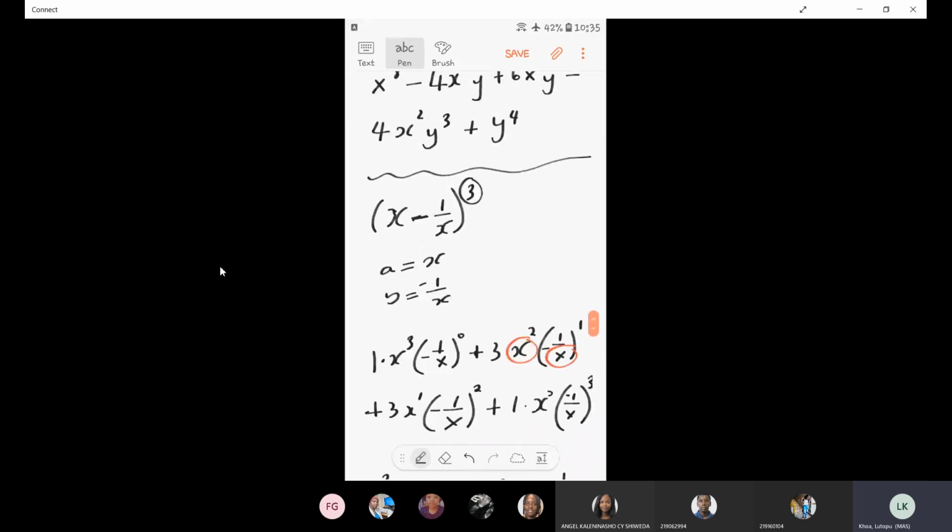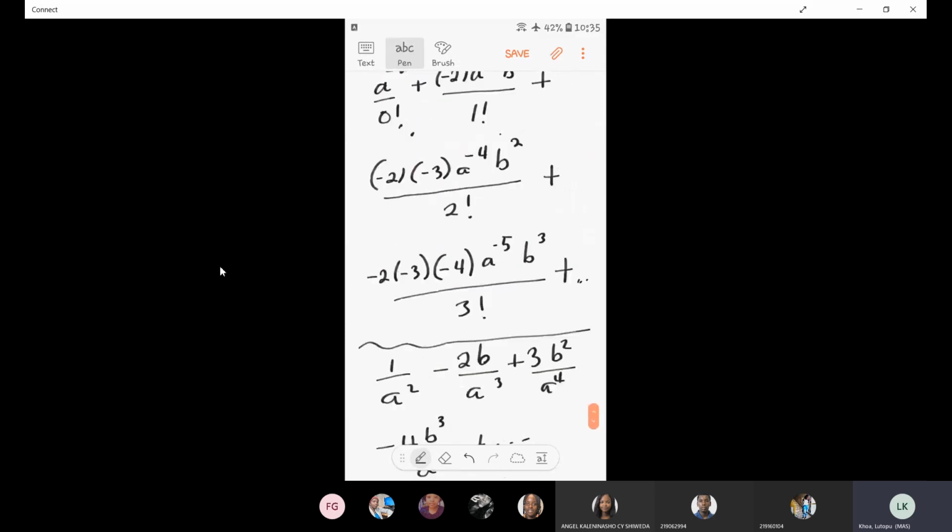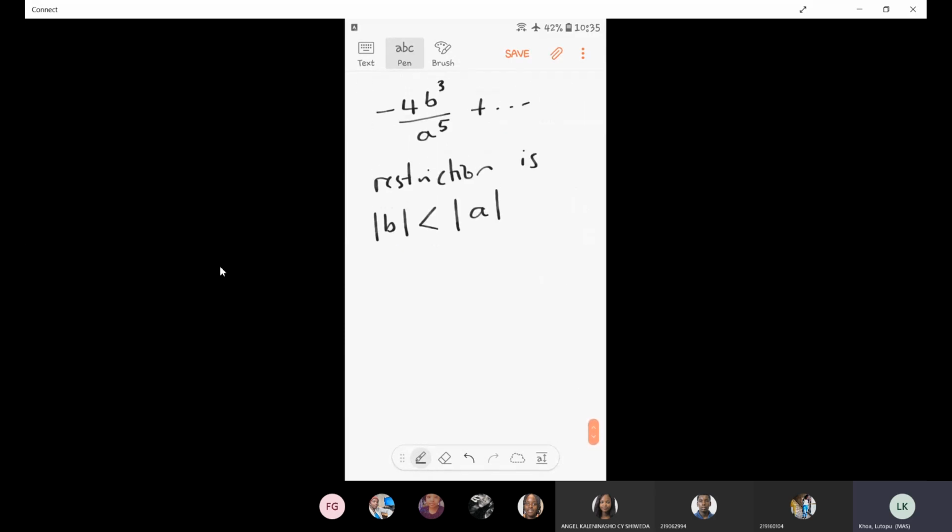We did this one, for example, where a is x and b is 1 over x. So you just substitute them over here. So with that question, you would say the absolute value of x must be less than the absolute value of minus 1 over x, for example. Okay, so I will stop here for now.